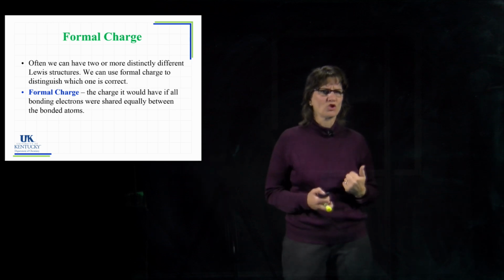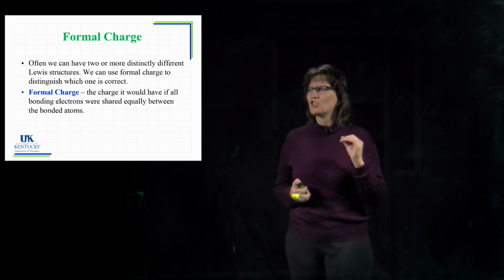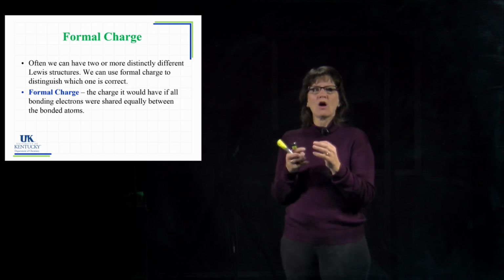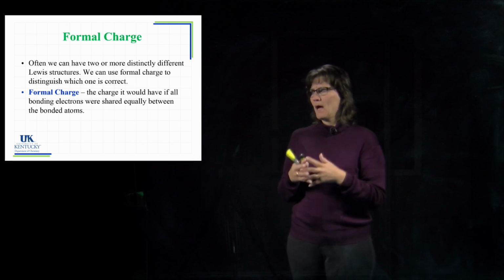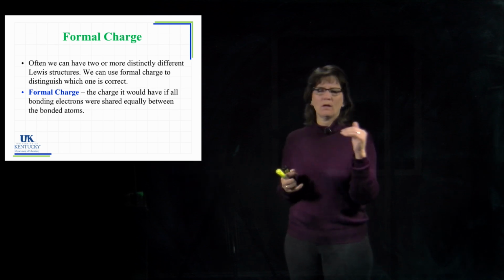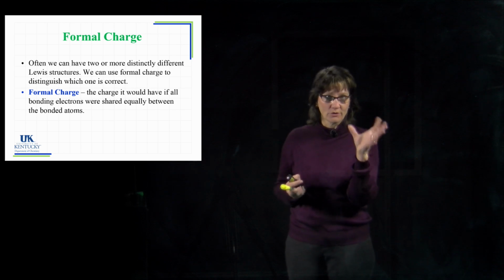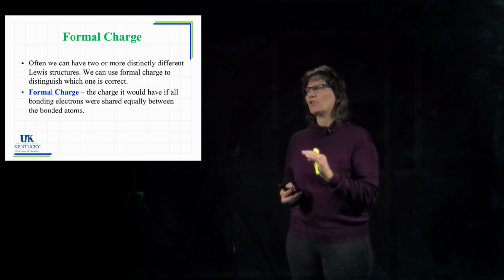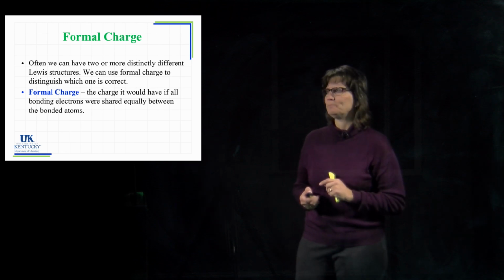So what is a formal charge? Here's the definition: it's the charge an atom would have if the bonded electrons were shared equally between the atoms that are bonded. Okay, so that's what it's all about.